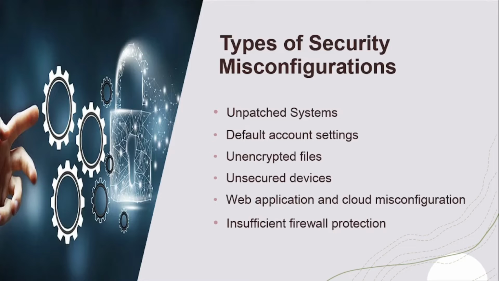Even if attackers gain unauthorized access to one of your systems, the entire network could be exploited. Web application and cloud misconfiguration. Cyber attackers could detect misconfiguration vulnerabilities in your system and exploit the same, causing severe harm directly or indirectly.